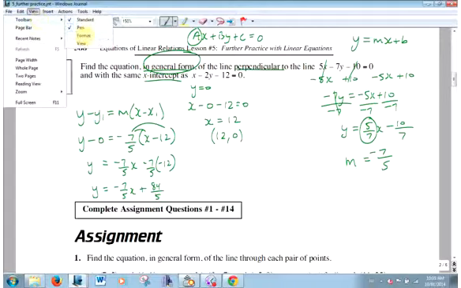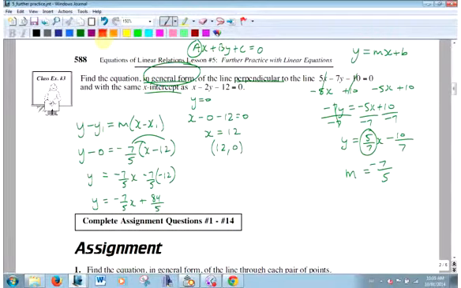Let me repeat this again. You can do whatever you want to in an equation. The first rule of algebra is whatever you do to one side, you have to do to the other side. Am I doing it to both sides? Yes. I'm multiplying everything by 5, the left side and the right side.